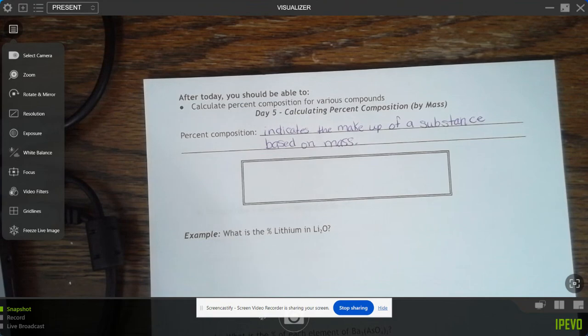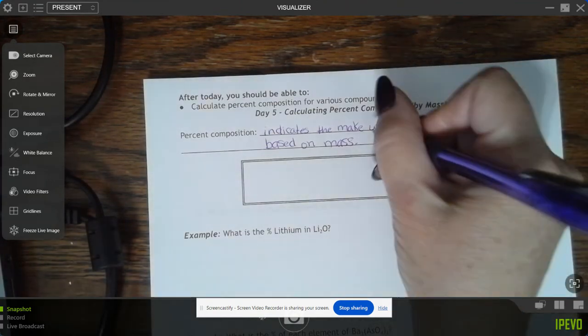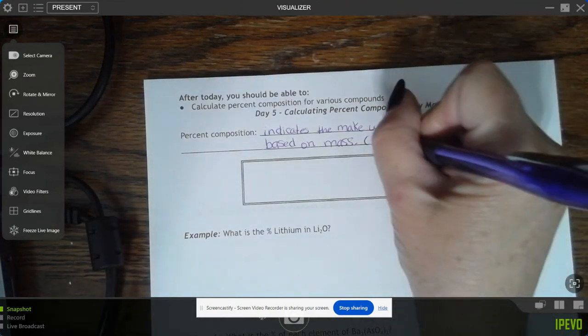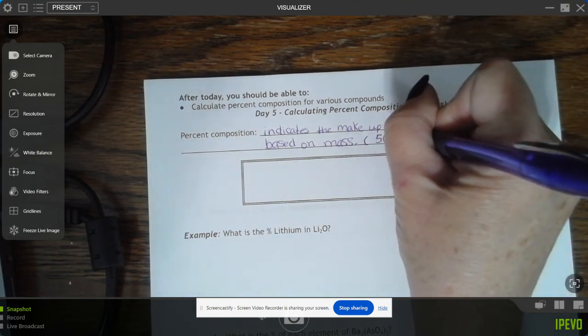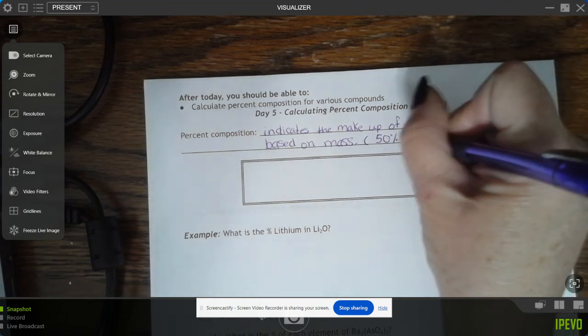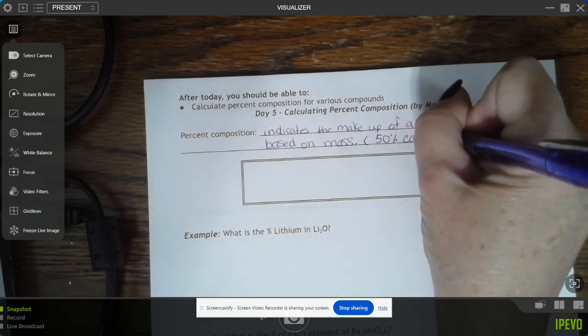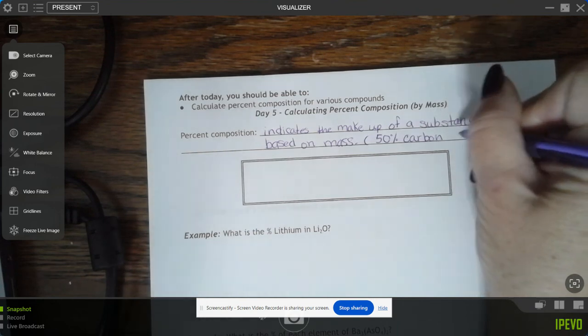And this is one of the easier concepts. So if you were looking at data, you might see this compound is 50% carbon by mass.